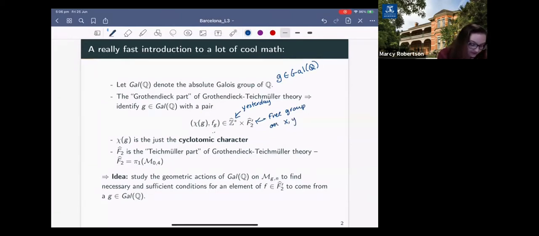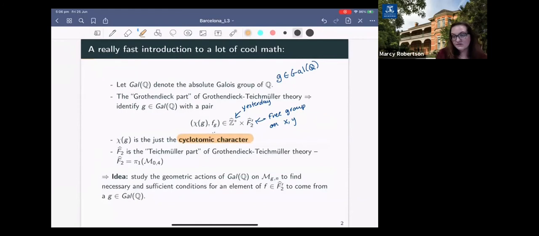And there's a little check here, but that technically means, if you're in the audience and are familiar with this, the derived subgroup of the free group. But if you don't know what that means, you can completely ignore it. Okay, so the first thing we understand, this integer, is just the cyclotomic character.